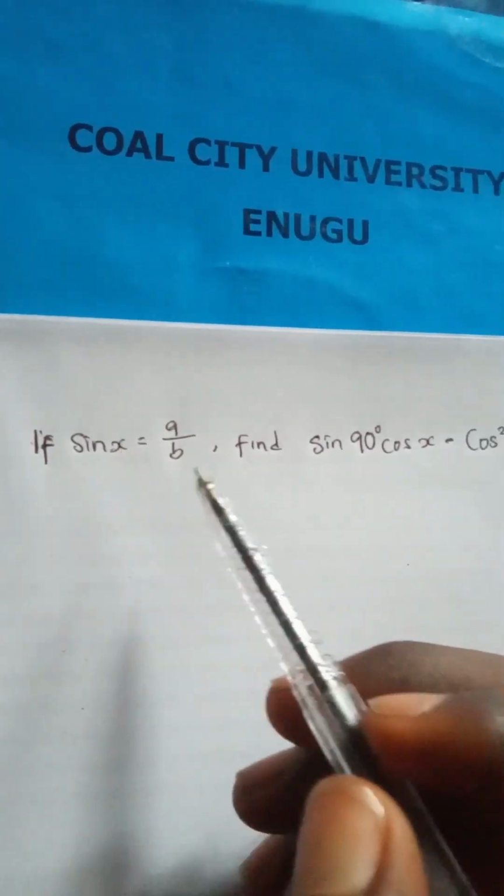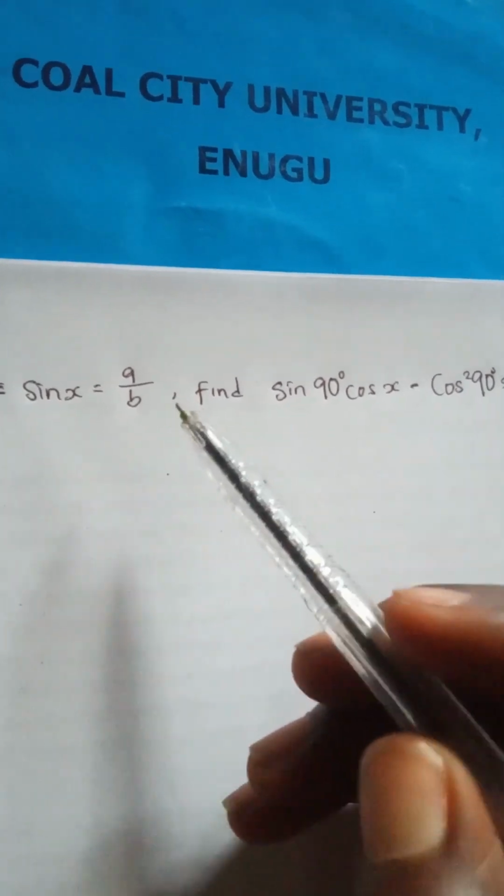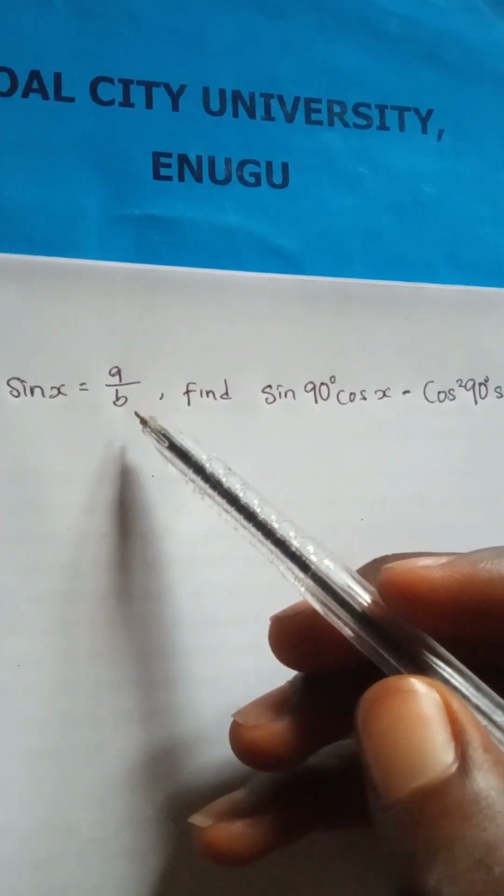We have something here: if sine x is equal to a over b, we are asked to find sine 90 degree cos x minus cos 90 degree sine x. Solution: first we have to make a diagram.